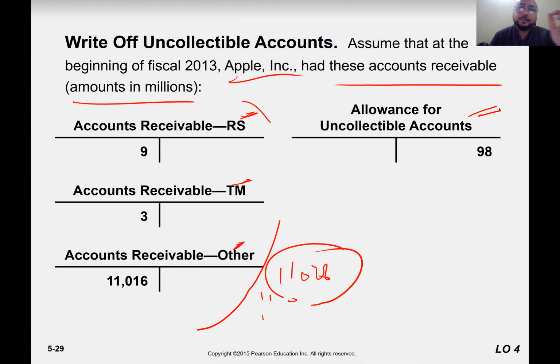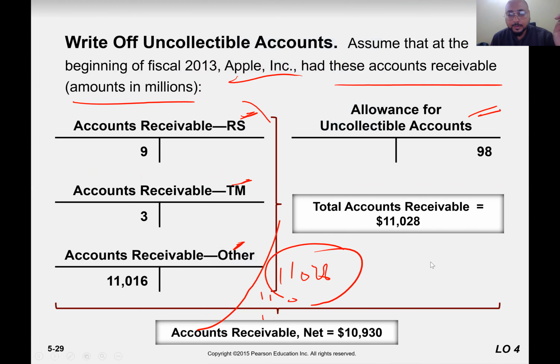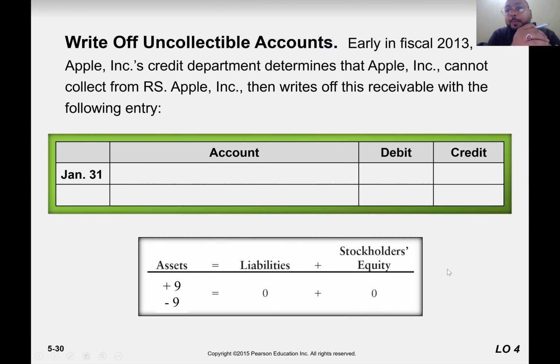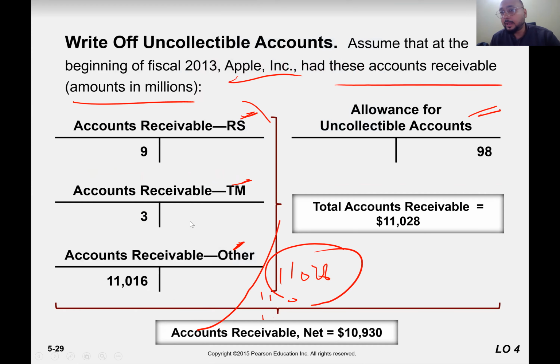Now what happened here? Early in fiscal 2013, Apple's credit department determines that Apple cannot collect from RS. So what is the value of RS? 9.